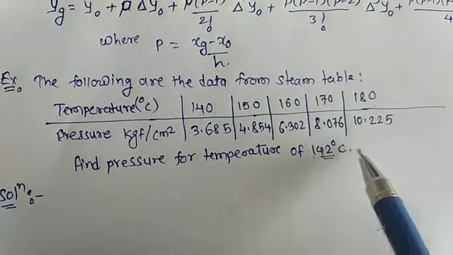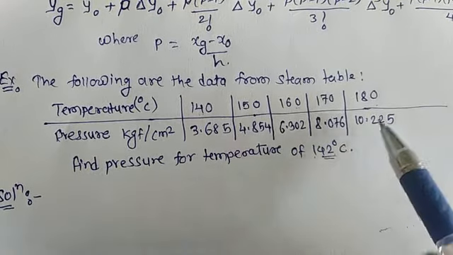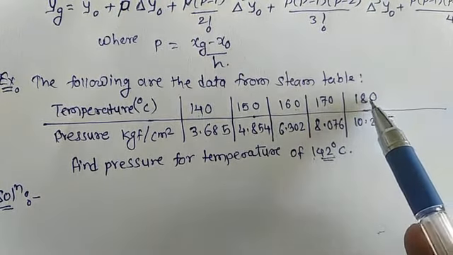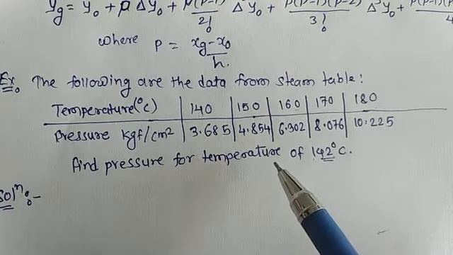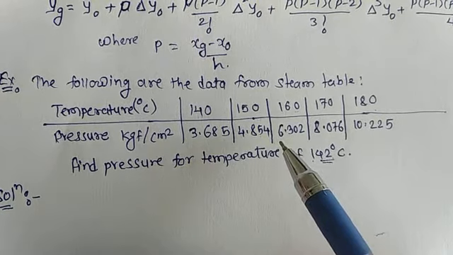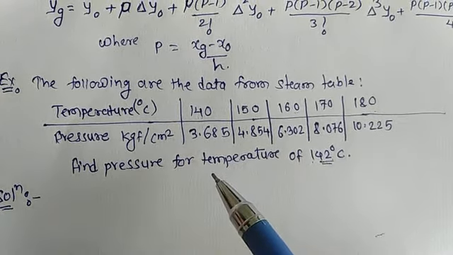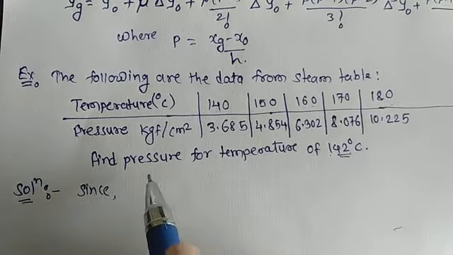If we had to find the value at 172 or 178, it would be nearer to the ending value of the table, so we would use Newton's backward formula. So you have to remember when to use the forward interpolation formula and the backward interpolation formula.